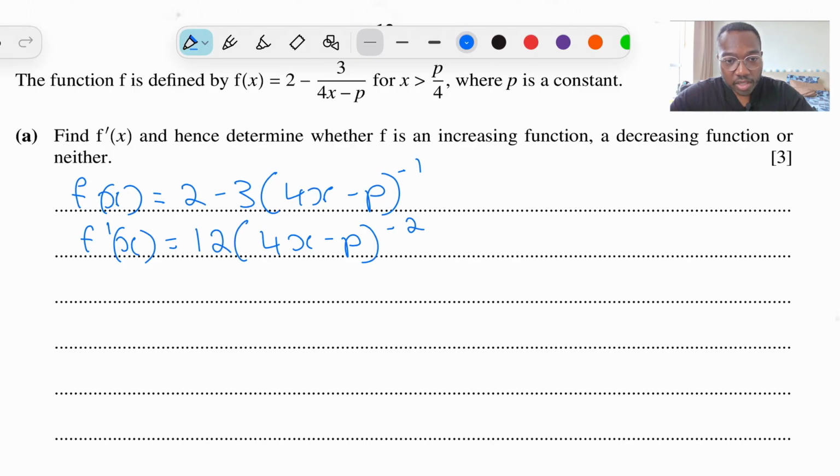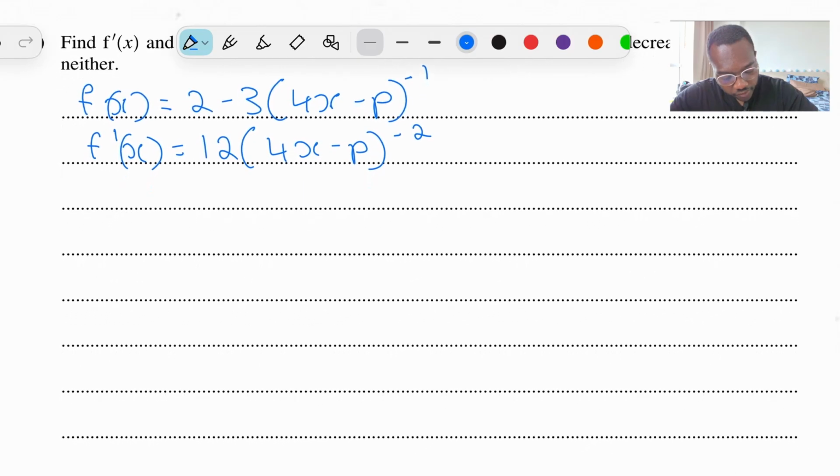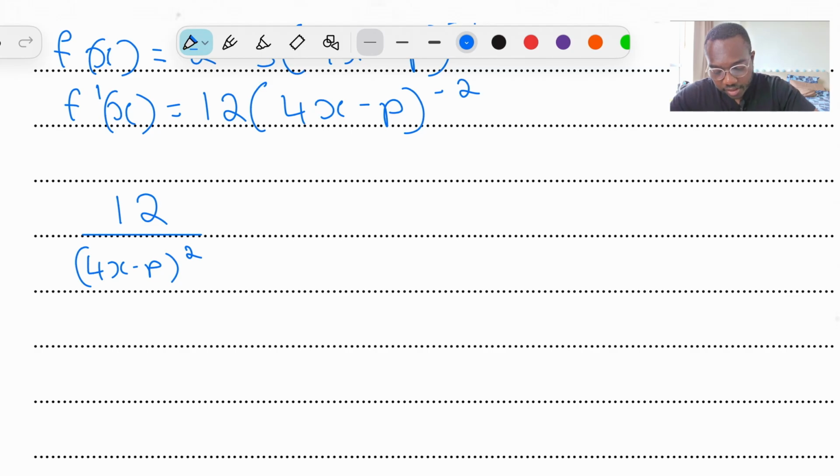So if I rewrite this, we get 12 over 4x minus p all squared. Now if we look at this, we know that they tell us in the question x is going to be a value greater than p over 4.